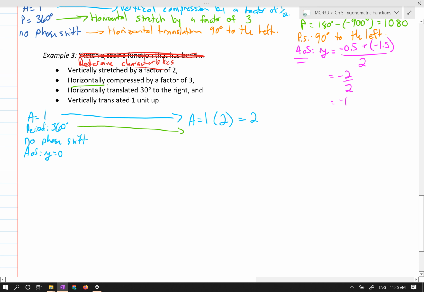Now it's being horizontally compressed by a factor of 1/3, because it's compressed, so this value needs to be less than 1. That means our period was 360 degrees, and now it needs to be multiplied by 1/3, so 360 degrees divided by 3 is 120 degrees.